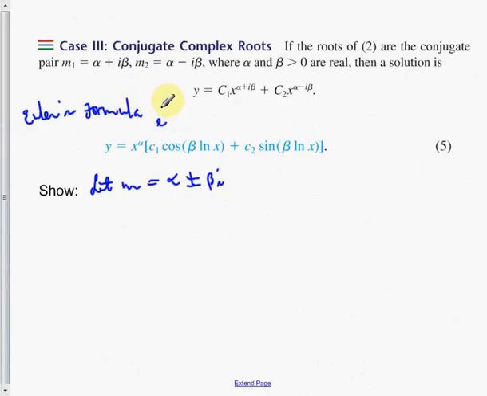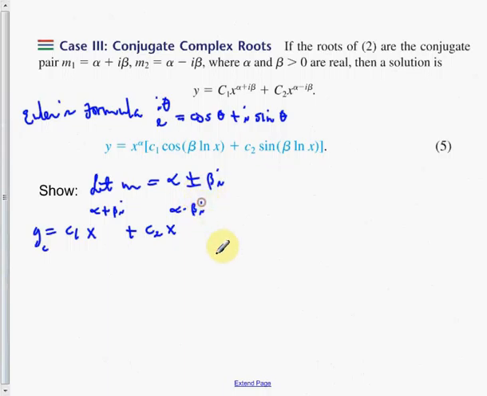e to the i theta is equal to cosine theta plus i sine theta. So we use that. So we have y sub c, if you will, is equal to c sub 1 times x to the alpha plus beta i plus c sub 2 times x to the alpha minus beta i.